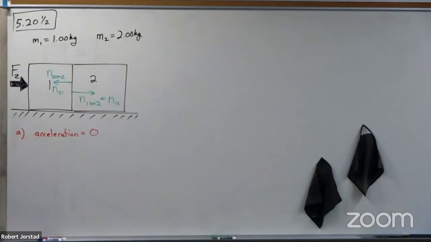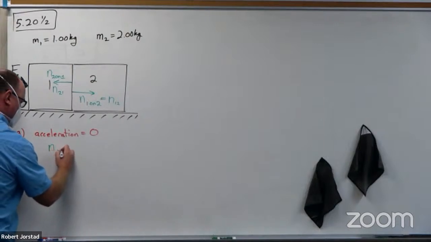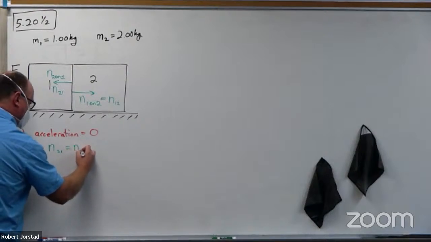So in this case, if the acceleration is 0, which one of these forces is bigger, N12 or N21? Does one push on two harder than two pushes on one? Remember, two's got more mass. Which one has more force? Same. I'm trying to trick you, but you didn't fall for it. Good job. You agree that N21 is equal to N12.